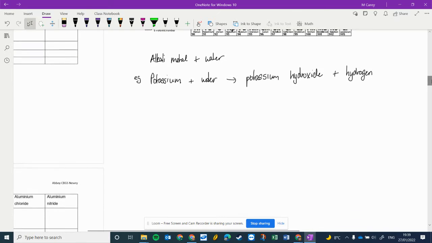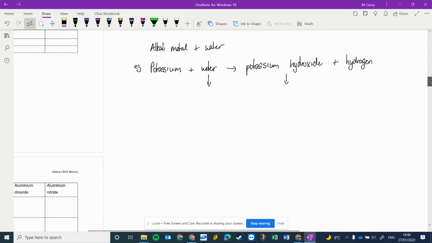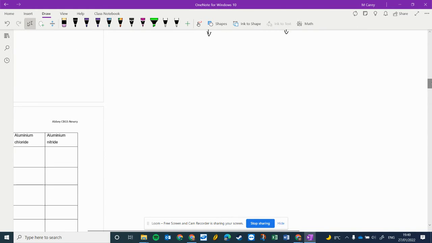So potassium and water. We're going to just look at the compounds. Oh, I've just picked a bad one. I'm going to change that. I'm going to have to come back to that one. I'm going to start with something that's easier, one of the halogen displacements.